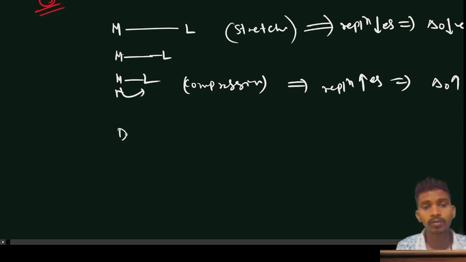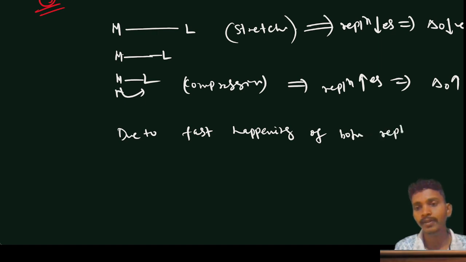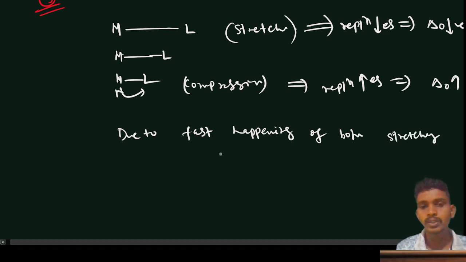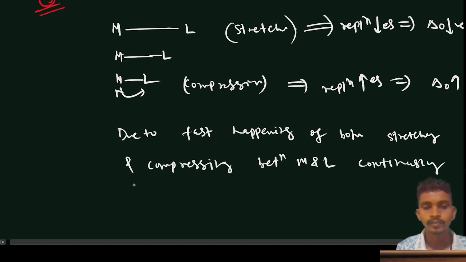So due to the fast happening of both repulsions, both stretching and compressing between metal and ligands continuously, the broad peak occurs.